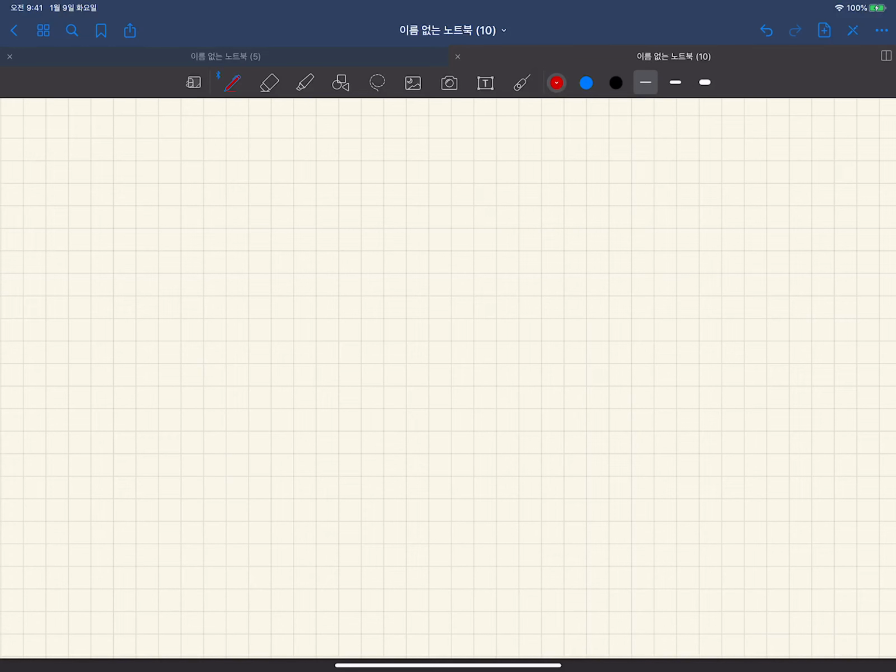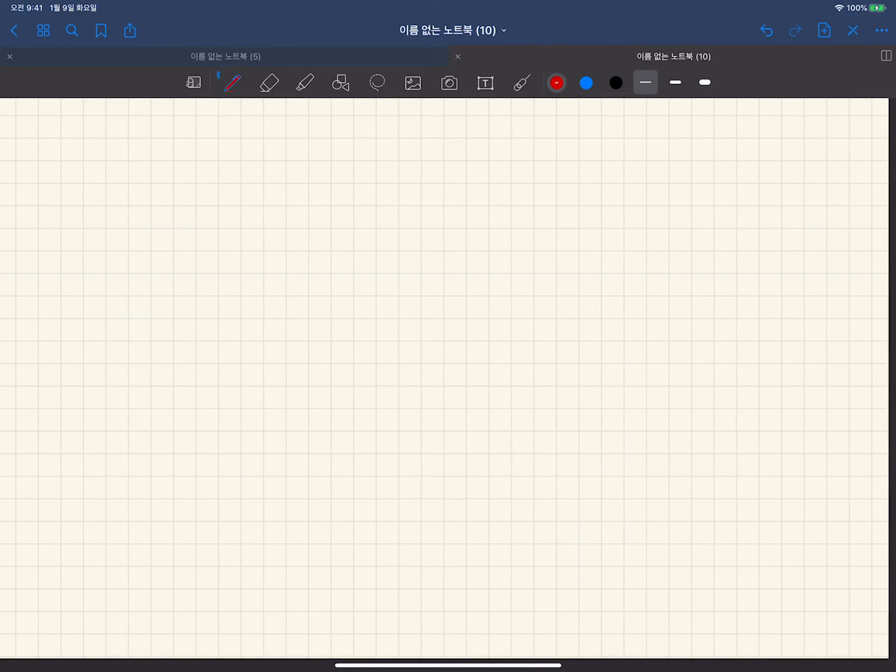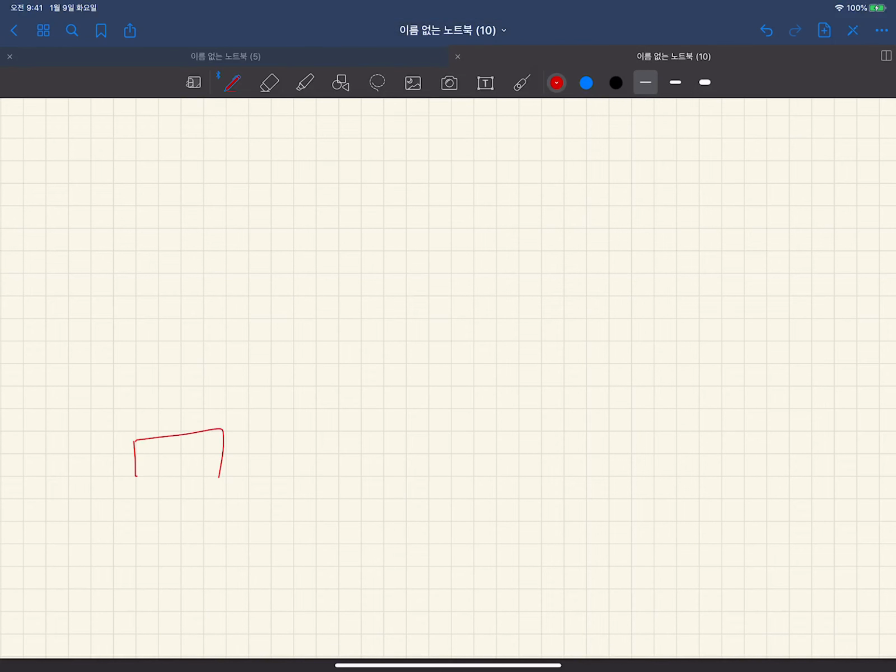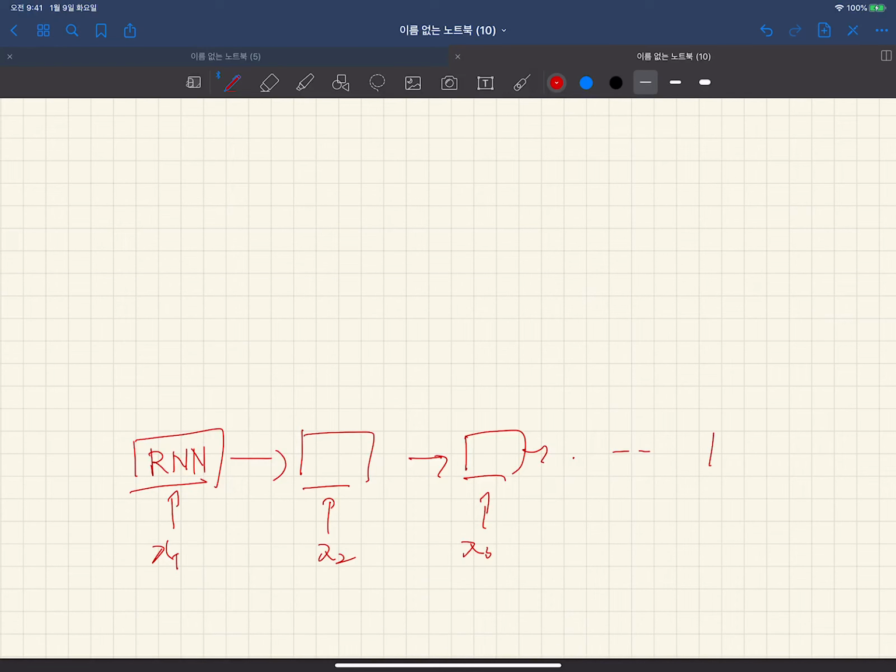So in that case, we can stack many RNNs, like a deep neural network. This is one simple idea. You can use an RNN unit to model x1, x2, x3 up to xT to make h1, h2, h3, hT.